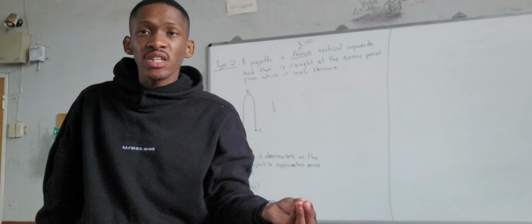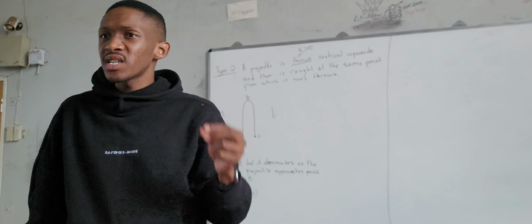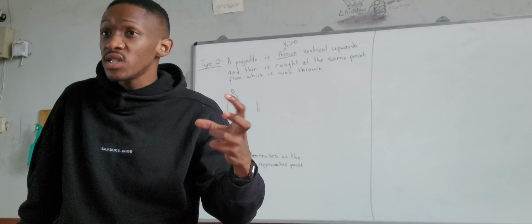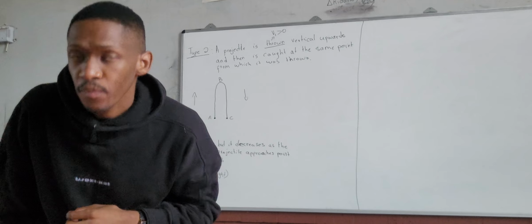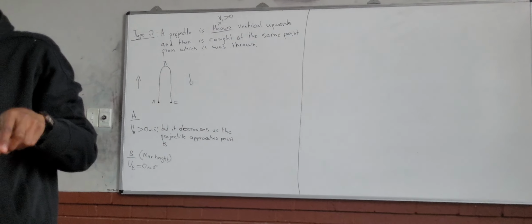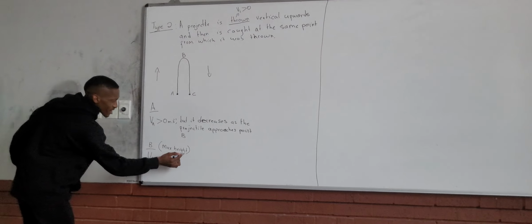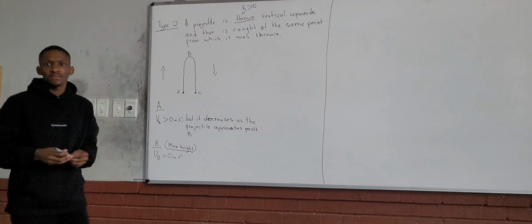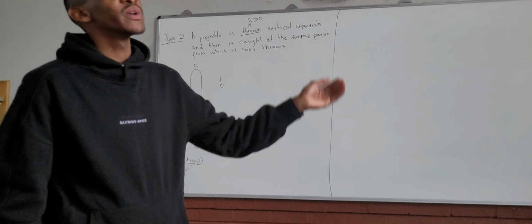For an object to go vertically upwards, it must be given a velocity that is greater than 0. And then point B, we are saying our point B is our maximum height, where our projectile is going to do what?